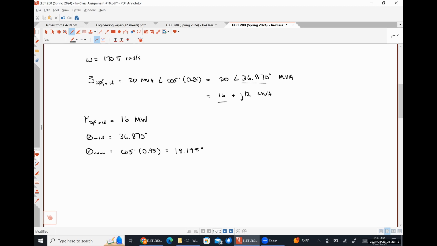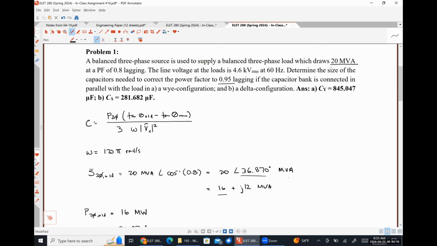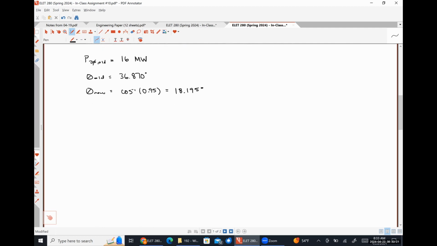All right, so now let's start with part A. We have a Y configuration.